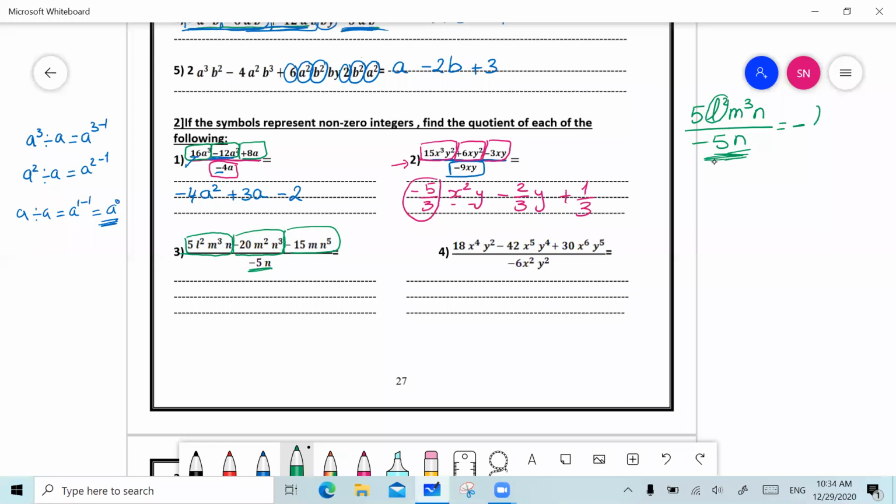So L to the power of 2, I'm going to write it as it is. M to the power of 3, I have nothing like it. I have no M, so I'm going to write it as it is. And then N divided by N, they are going to be canceled together. So the first one is negative L to the power of 2, M to the power of 3.